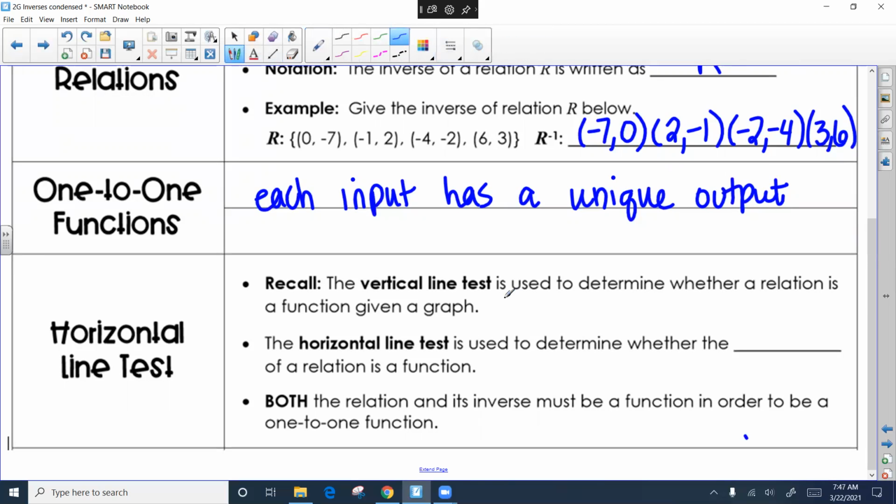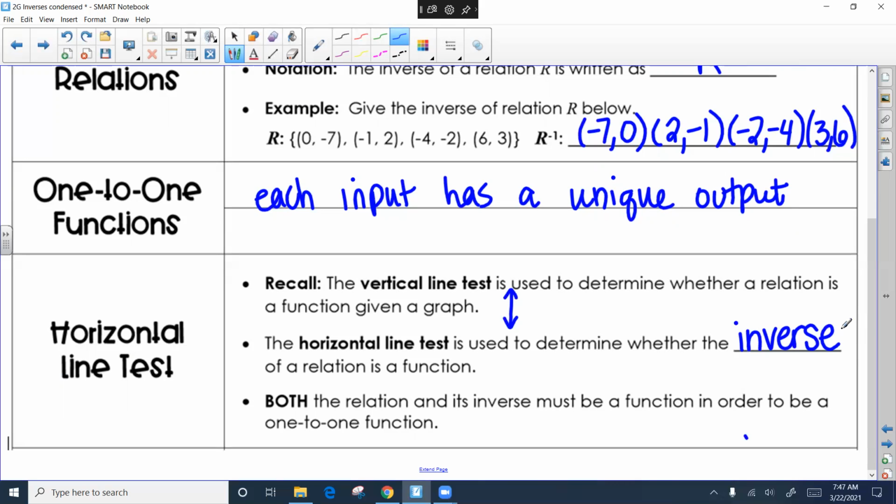The vertical line test says any vertical line should cross the graph only once if it's a function. The horizontal line test is used to determine whether the inverse of a relation is a function.